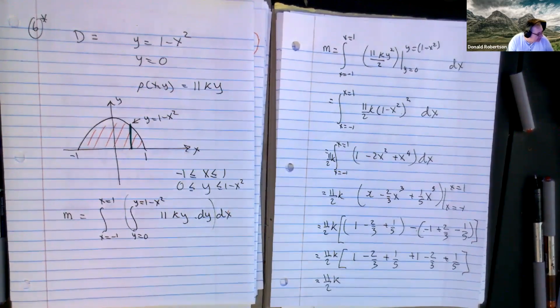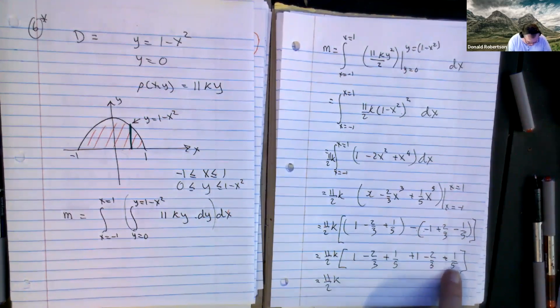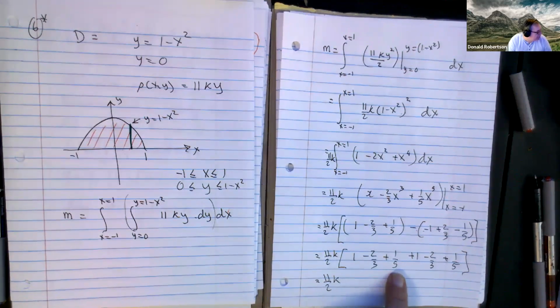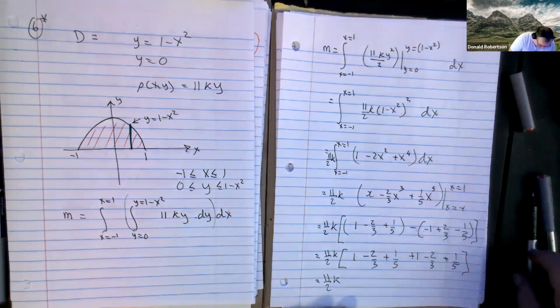It's the easiest. That's 2, take away 4/3, add 2/5, and turn it into a fraction, and 16/15. Okay.